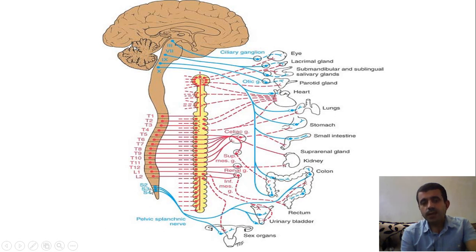This is again the sacral outflow, which comes out from the sacrum and goes to the lower part of the viscera, the large intestine, the bladder, and the uterus, while the vagus nerve, which is a large nerve, supplies the heart, lung, stomach, intestine, kidneys, and the upper part of the small intestine and large intestine, while the sacral outflow supplies the lower part of the large intestine, bladder, and uterine body.